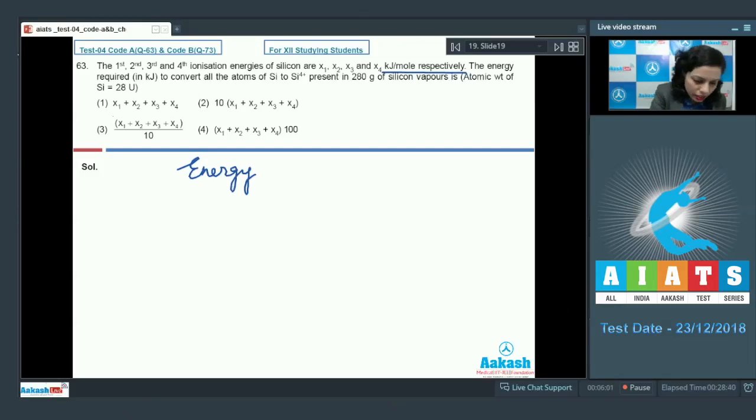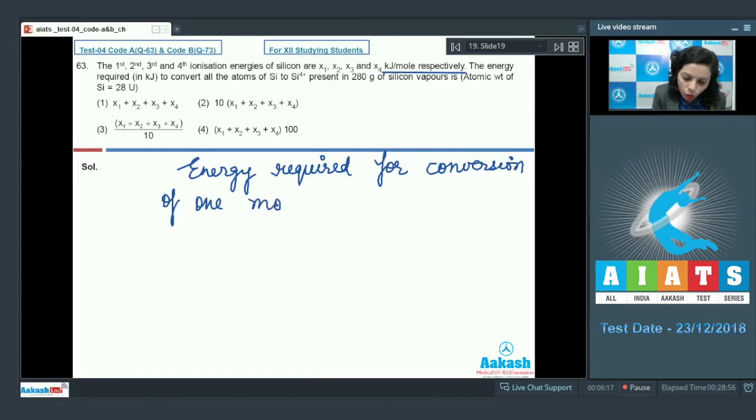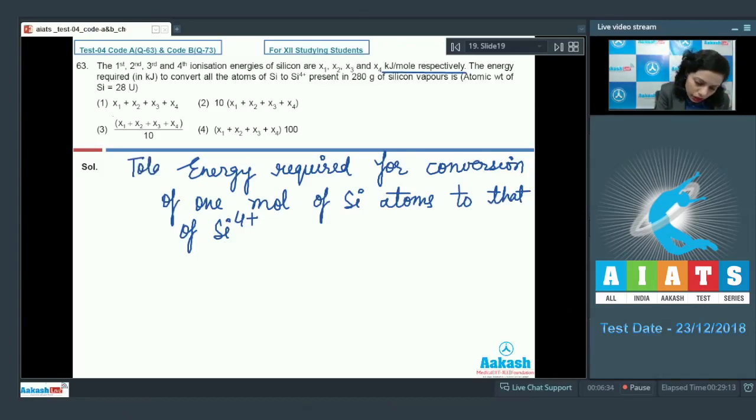It means the energy required for conversion of 1 mole of silicon atoms to silicon ion, and we need the total energy.